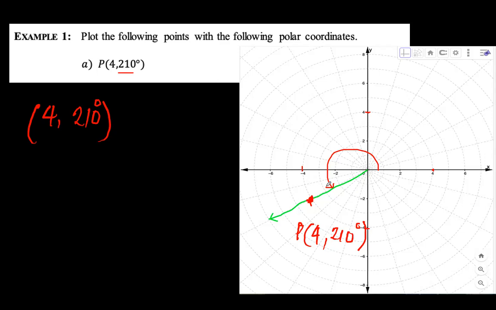Now, there are other coordinates which are different from the given point P. However, they lie on the same exact location where the point P is located. So here. Now, what are those points and how do we find those points? Okay, those are the questions.